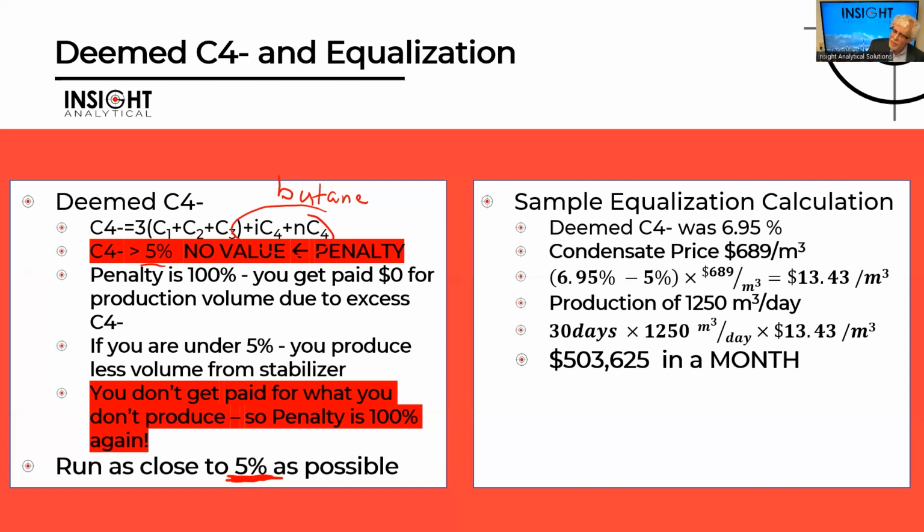So here's a sample of how that equalization calculation for the DMC4 works. And this is from an actual plant. It's from a client we're talking to about trying to optimize their stabilizers.